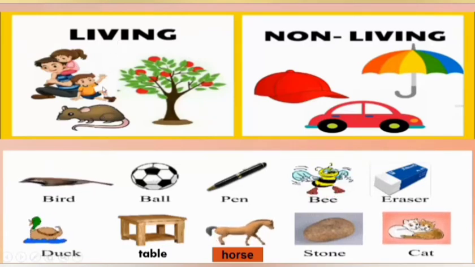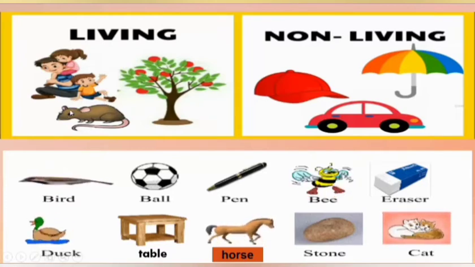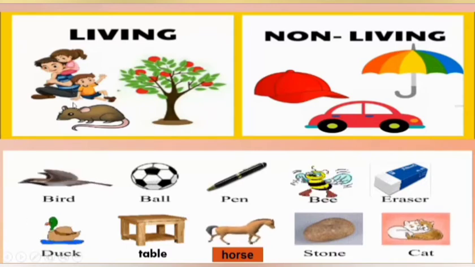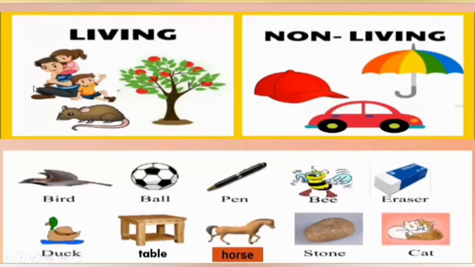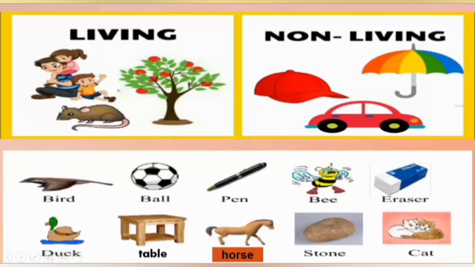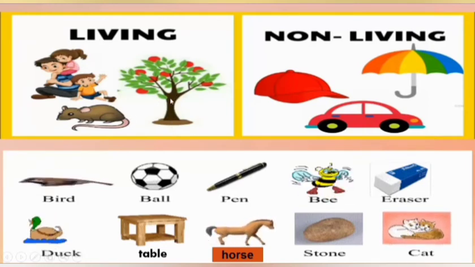Living things can eat, living things can grow. Living things can move, like animals and human beings. A small baby can grow into an adult man or woman, and a baby plant turns into a tree.